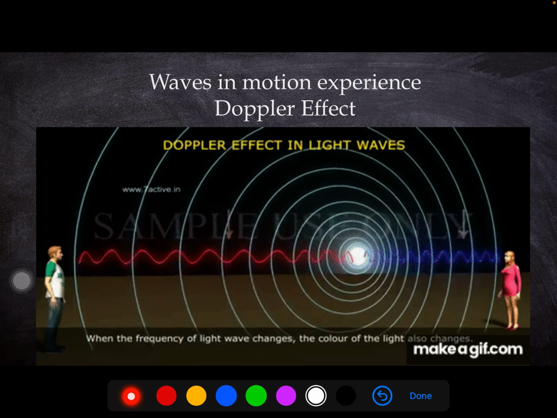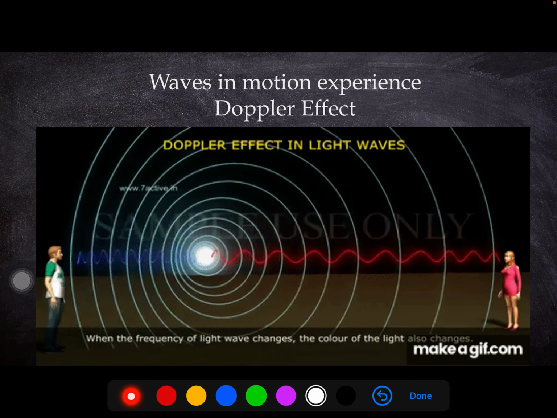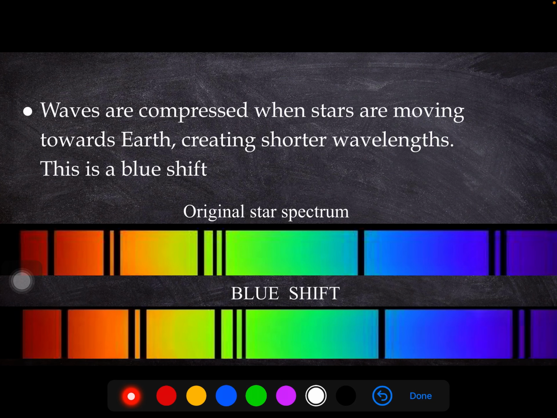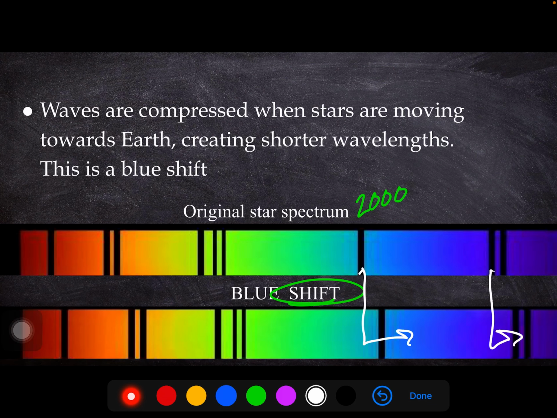Now, we can't see it with our eyes like being shown in this example. What we have to see is these spectral lines. We do a comparison over time of an older view of a star spectrum, so maybe we gathered this in like the year 2000. And over time, we observe these spectral lines shifting in this view towards the blue end of the spectrum.